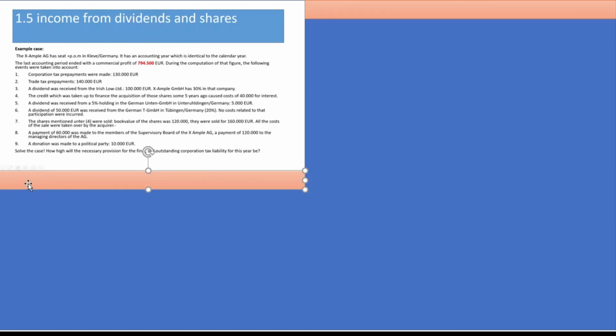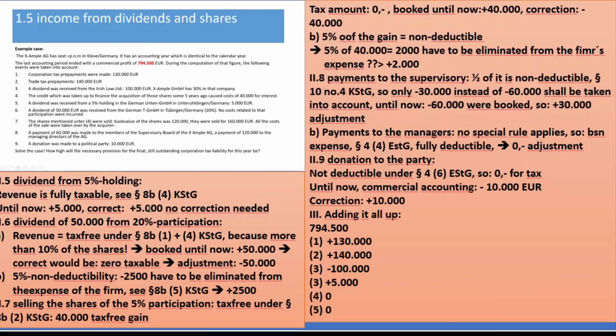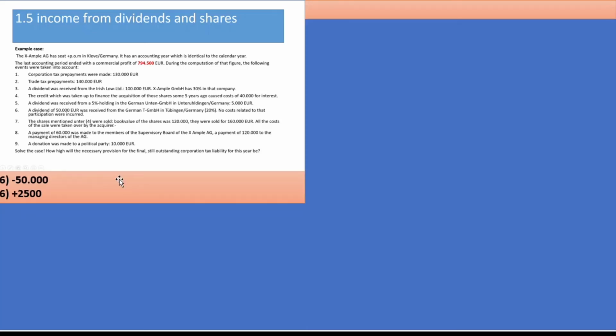Because of number 6, we have minus 50,000. And because of number 6, we should also have plus 2,500. Let me look it up if I have forgotten that or not. We had it. Thanks to God.